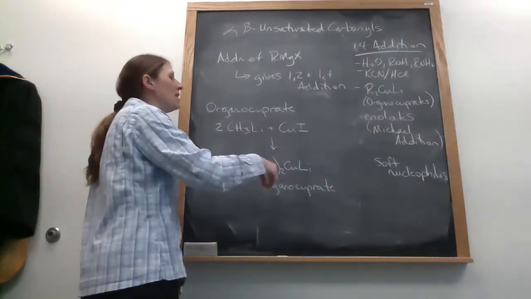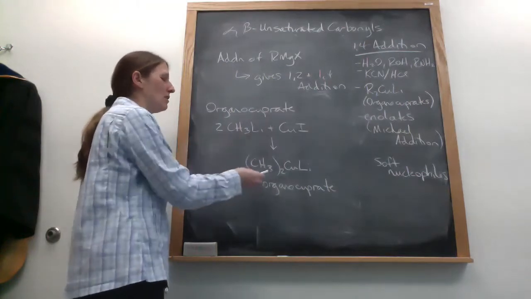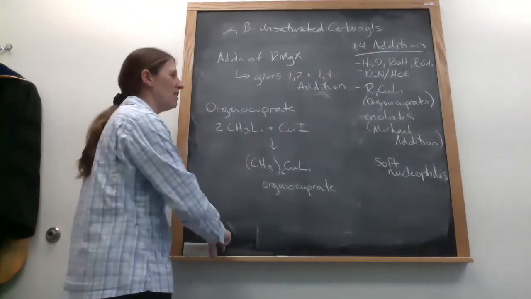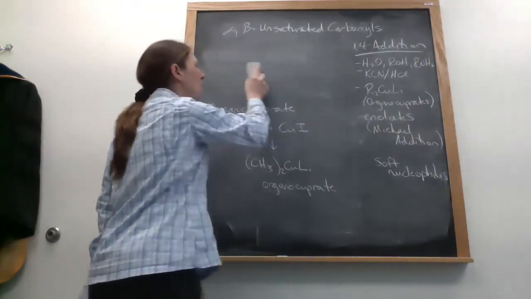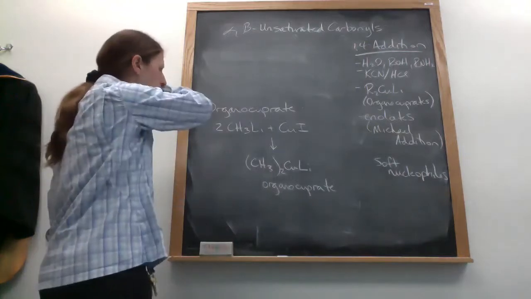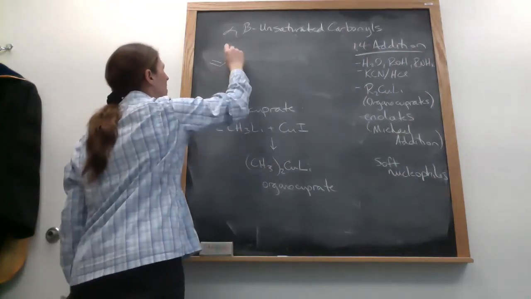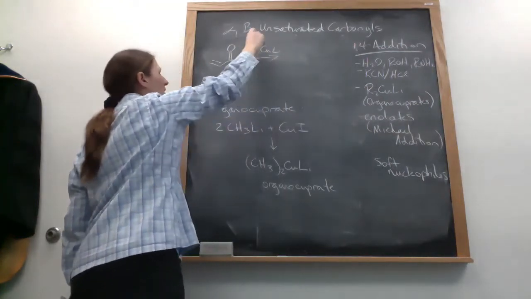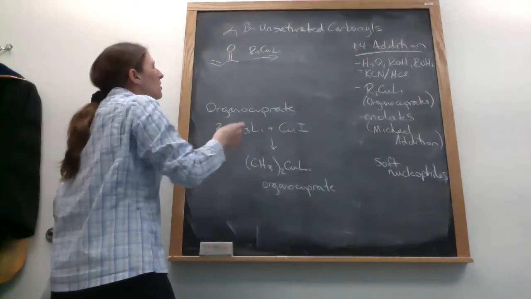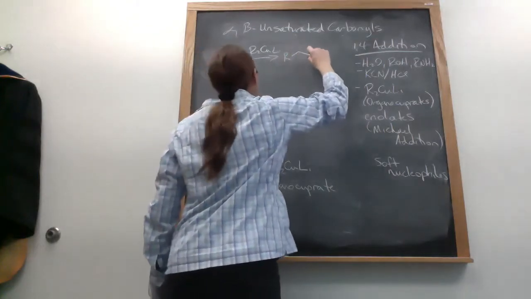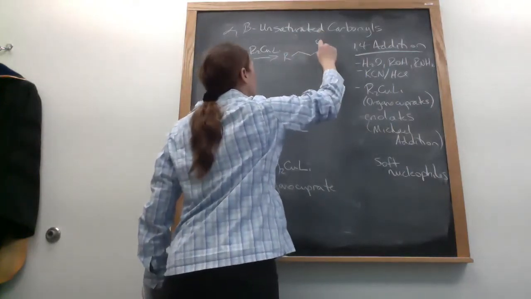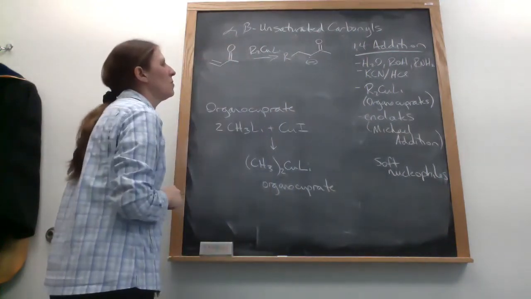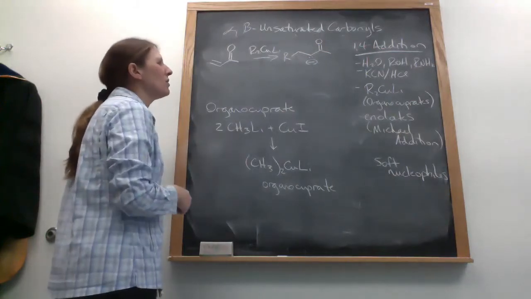I indicate how these are made because these come from lithium reagents, which means I can't have any acidic pieces in my R group here, because the lithium reagent will just deprotonate that. So how these are used in the context of alpha beta unsaturated carbonyls: the R group is what's getting transferred to the alpha beta unsaturated carbonyl, and the intermediate is actually an enolate.